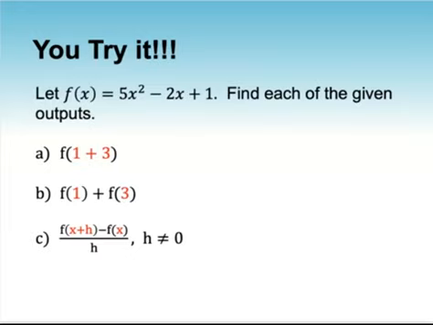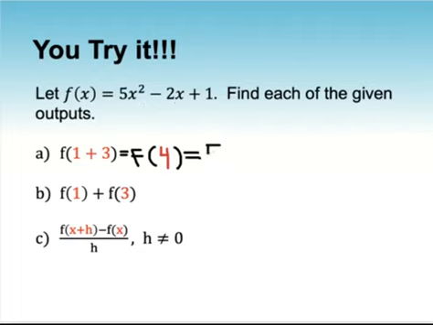So here's my solution. For part A, we have f of 1 plus 3. And we can actually simplify this first. So 1 plus 3 is just 4. So this is f of 4. And that equals, so we're going to plug in 4 everywhere that there's an x on our function f of x.